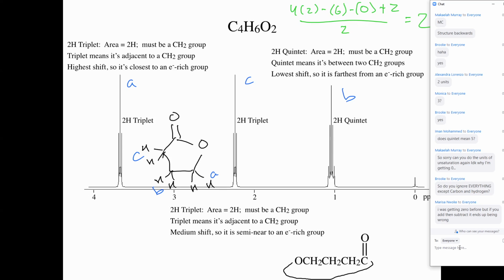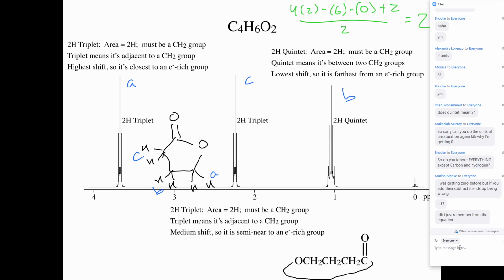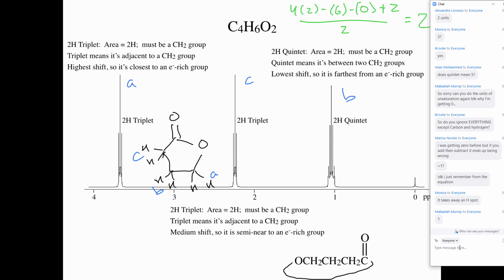So what would you do for nitrogen? Plus 1 for nitrogen. Why? Absolutely right. Marissa, why do you say plus 1 for nitrogen? Okay. How many bonds does it make? Nitrogen makes 3 bonds.